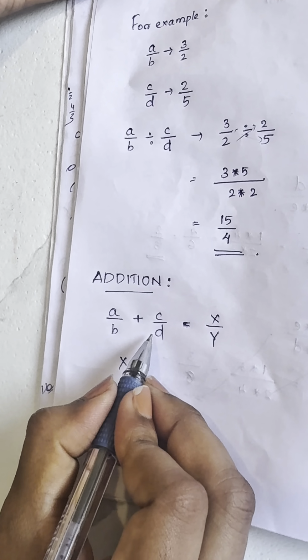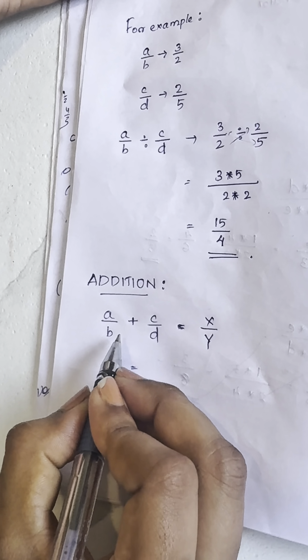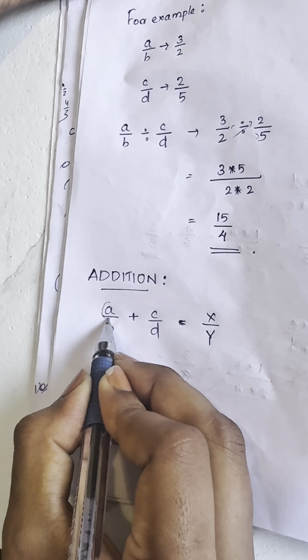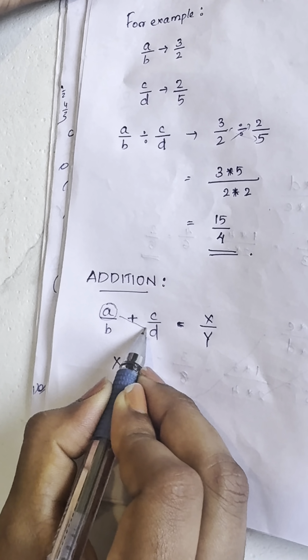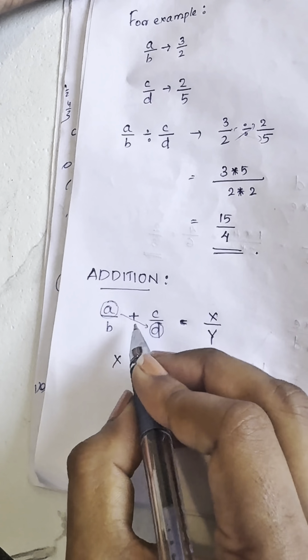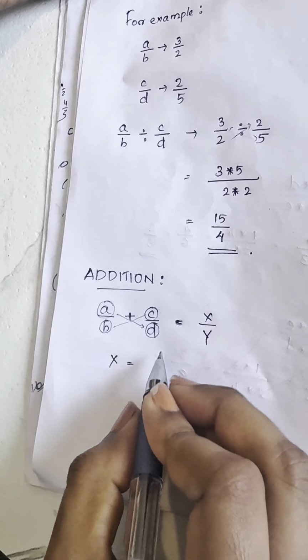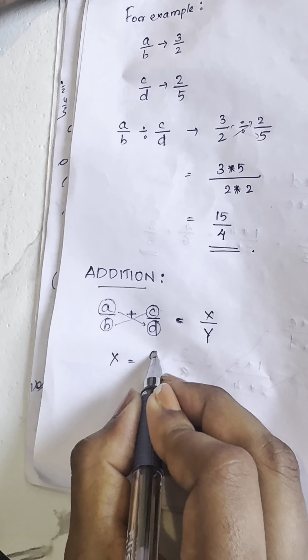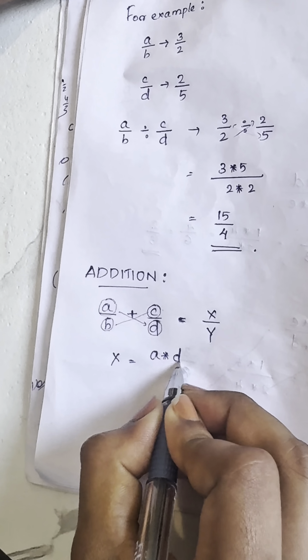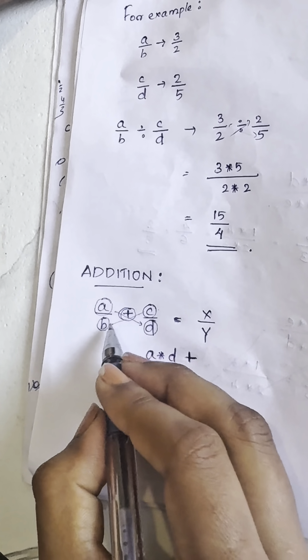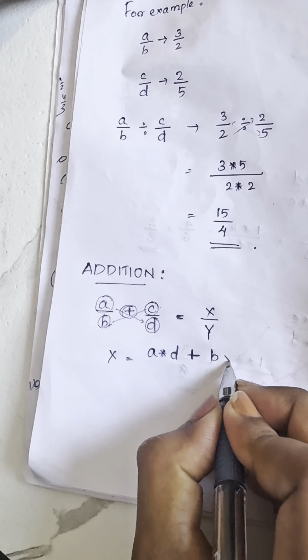So x will be the numerator of the resulting fraction, which will be the numerator of the first fraction multiplied by the denominator of the second fraction, plus the denominator of the first fraction into the numerator of the second fraction. Which will be a multiplied by d plus b multiplied by c.